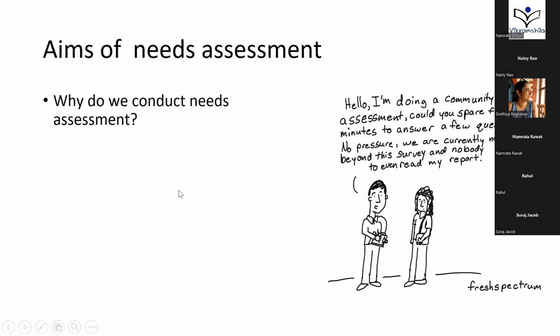So just sort of moving to, I think we've spoken about this a lot already, but why are we conducting a needs assessment, right? So often, I think the default response is, it's part of this process of design to do some kind of a needs assessment. I can be kind of certain a lot of organizations don't even do it.